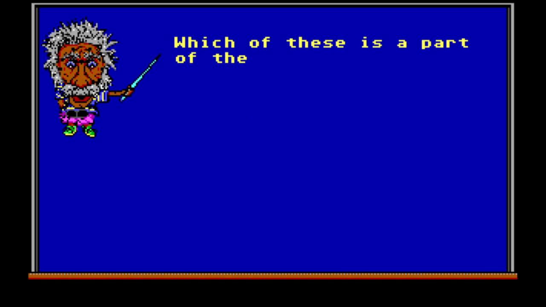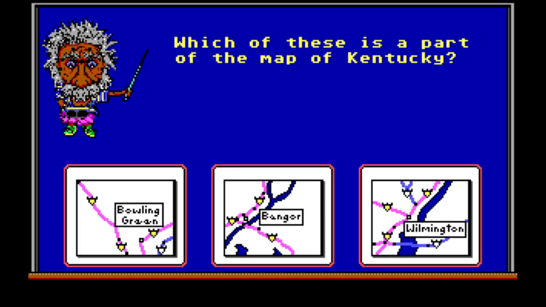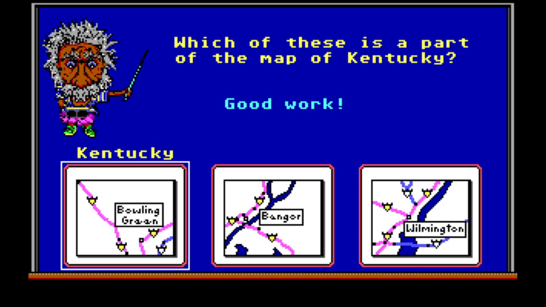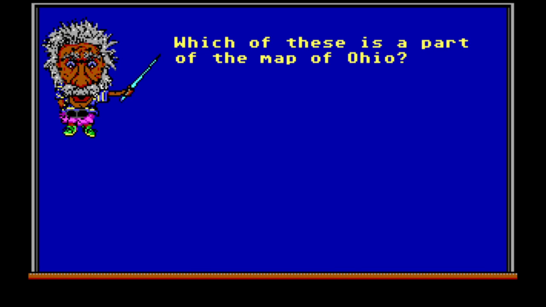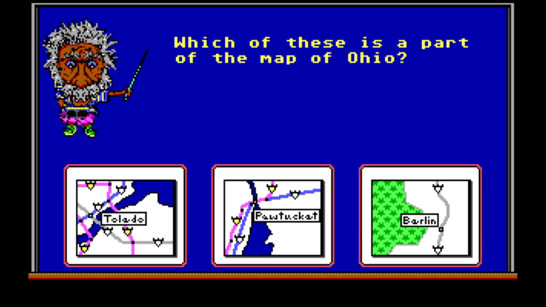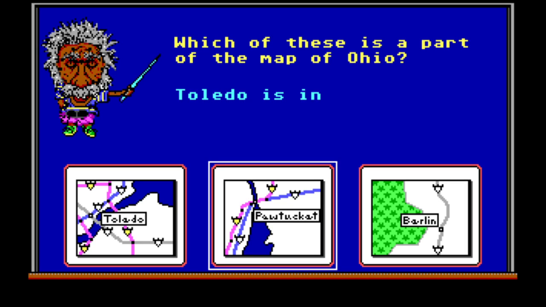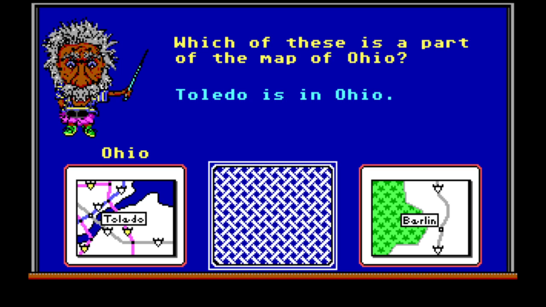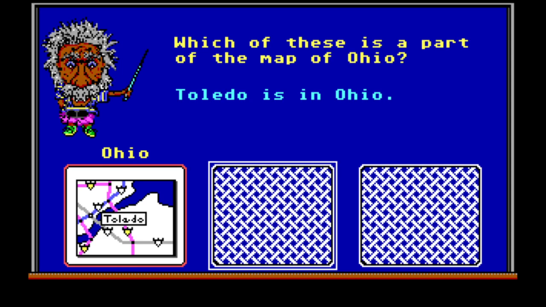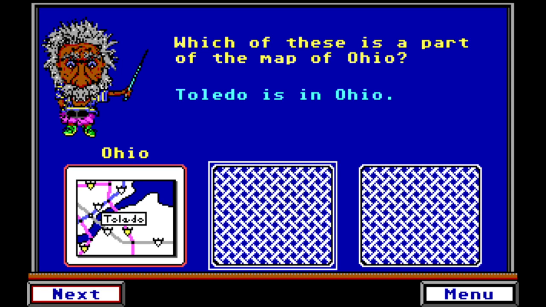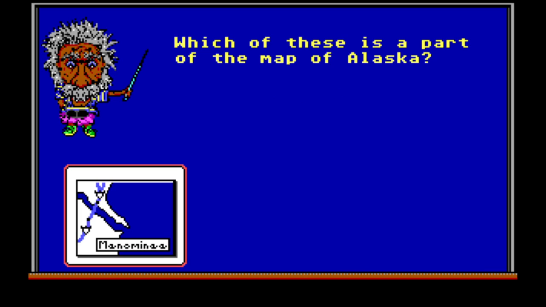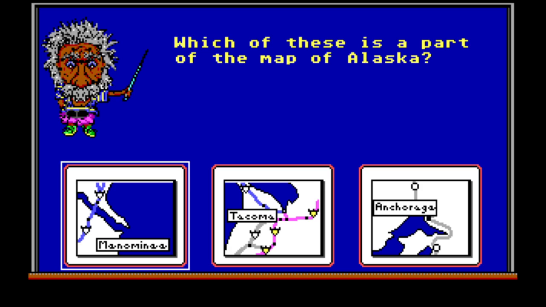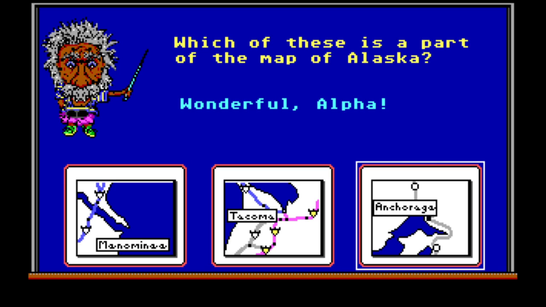Okay. Kentucky, I'm pretty sure, is Bowling Green. Ohio. Pawtucket. Toledo. I mean, I would know better if it was a state's map or maybe a country map. Alaska. Oh, that's easy. Anchorage.